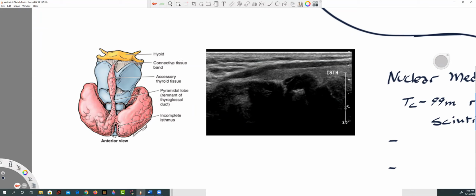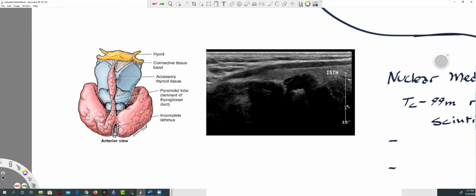I mentioned that a couple of mistakes can happen because of the migration from the base of the tongue down to the anterior neck, in the region of the Adam's apple, just below it, anterior to the esophagus and trachea. There is a thyroglossal duct that travels down and down until it came down to here.